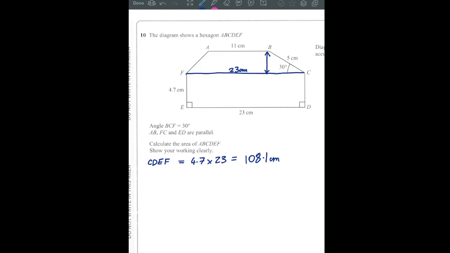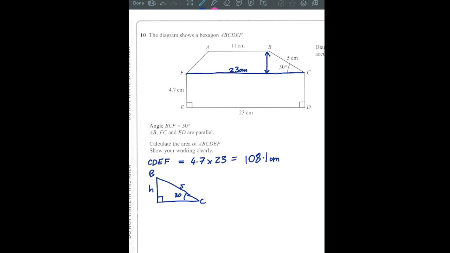It's similar to 5. And just like with the 3D trig questions, I like to draw out any triangles that I'm using separately in a really obvious way. So I'm going to pick out that triangle there. I've got the angle of 30 and I've got a side length here of 5. And I would quite like that side, the height of this trapezium.